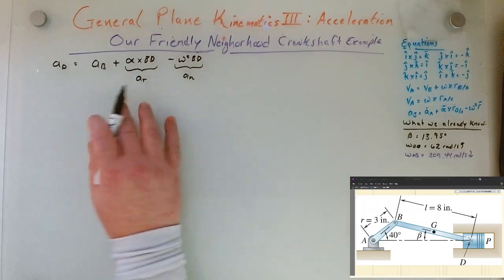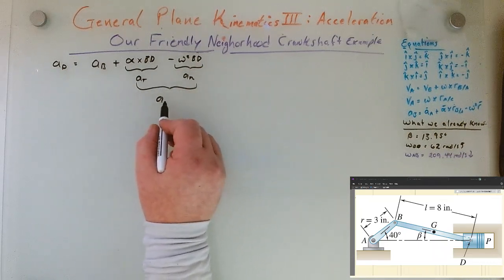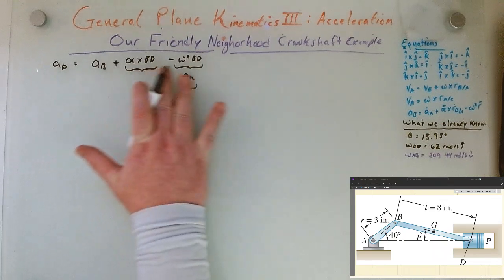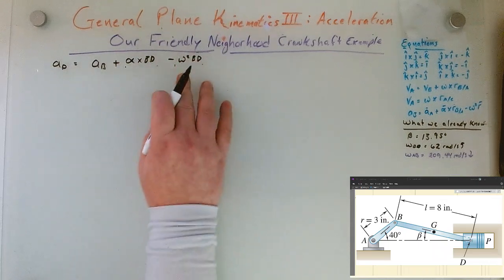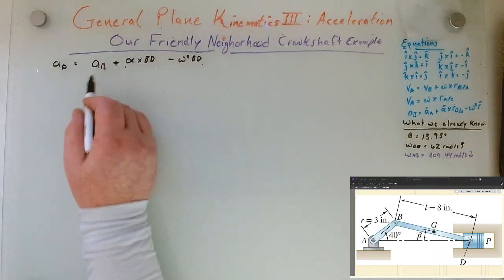Then we could rewrite this as A, D, B. We'll see that as we're working through it, but that gives us a sense of where these come from. In order to solve this, we're going to need the acceleration of B.